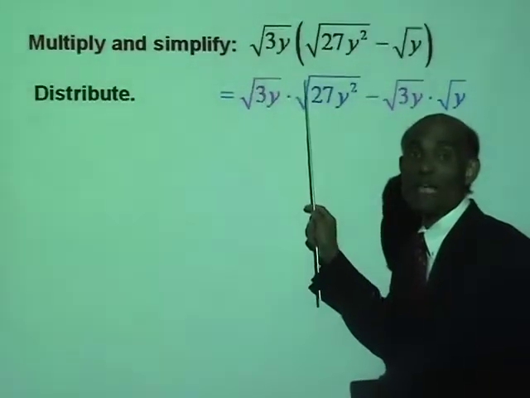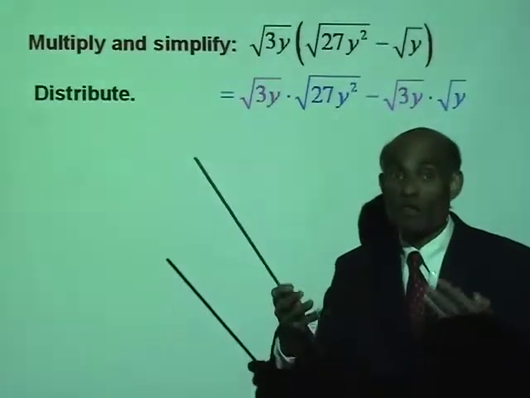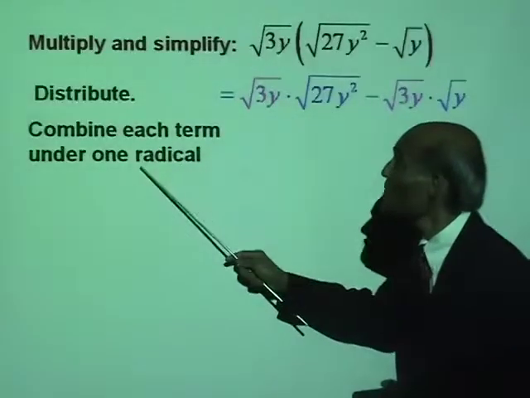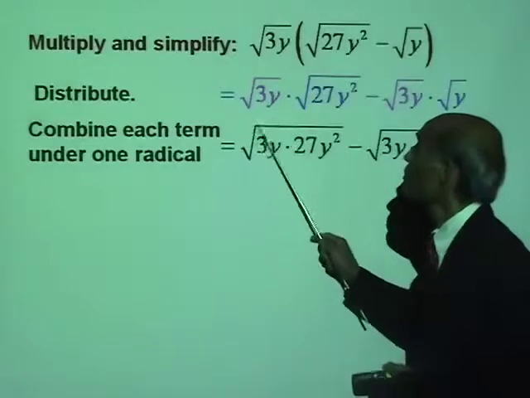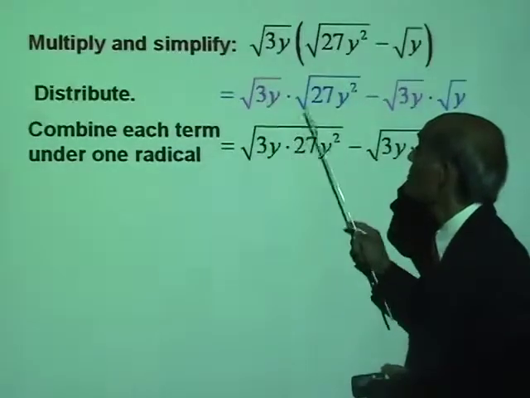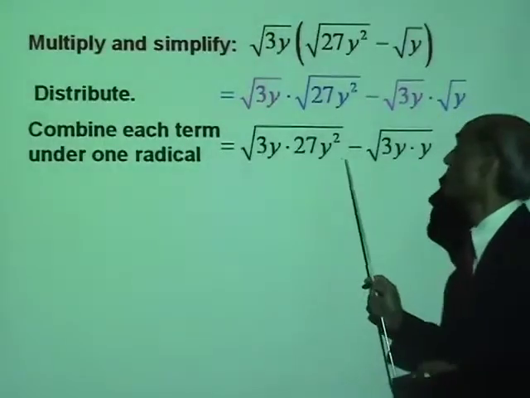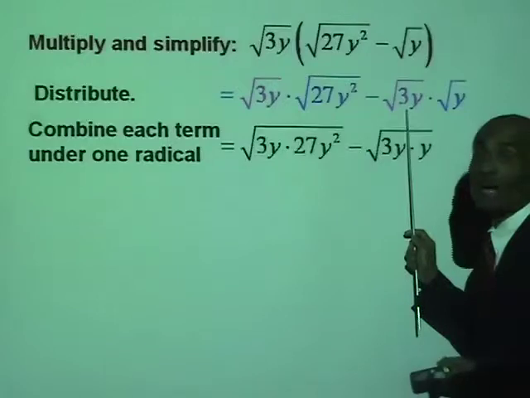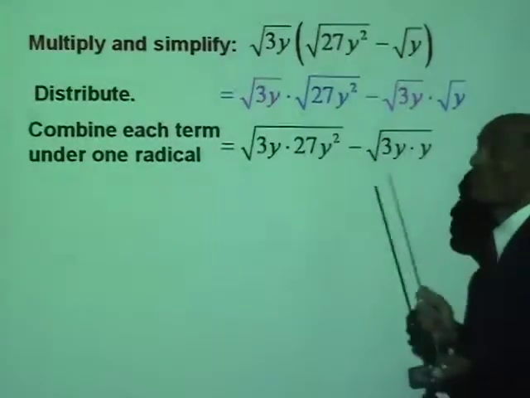Square root of a times square root of b is square root of a times b. So combine each term under one radical. That will be square root of 3y times 27y squared minus, here again combine the two under one radical, square root of 3y times y.